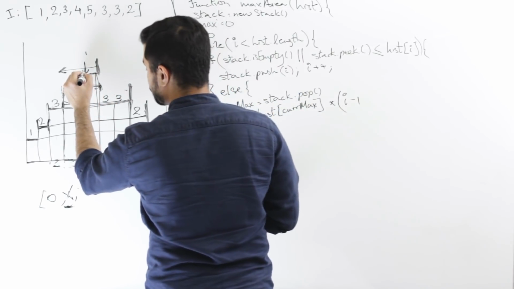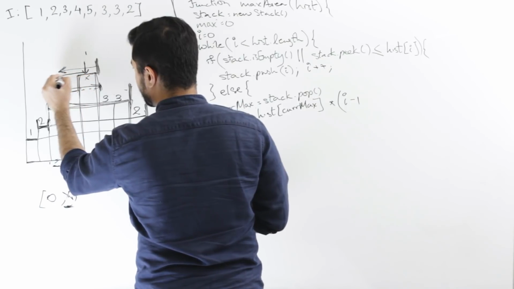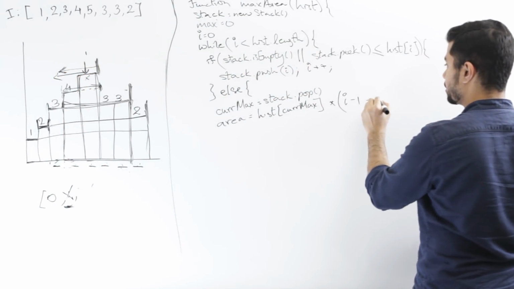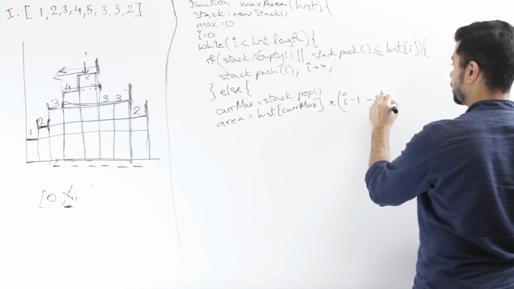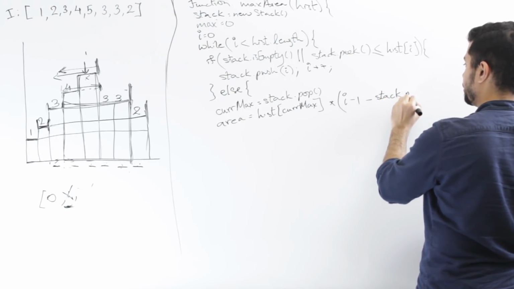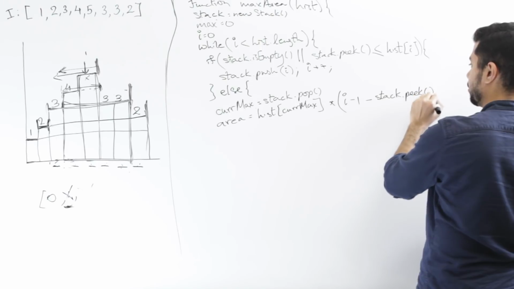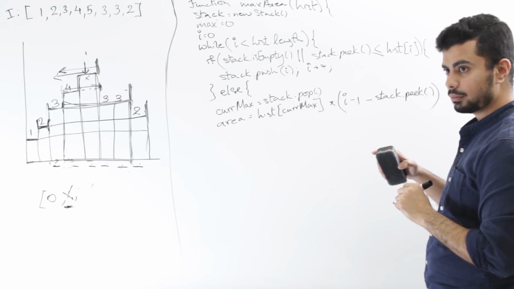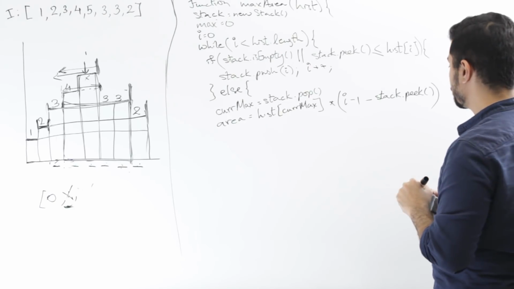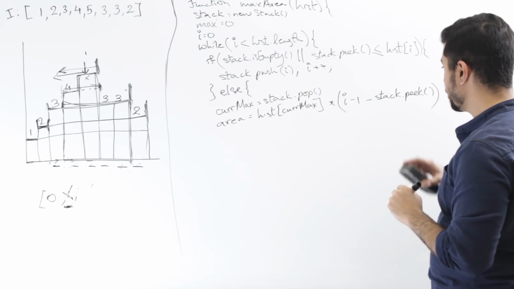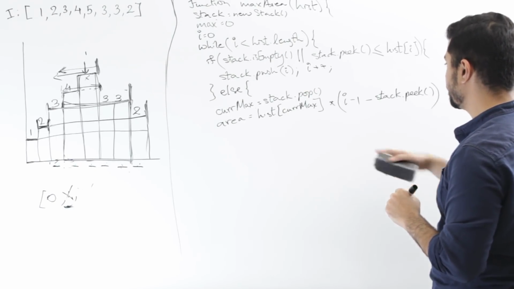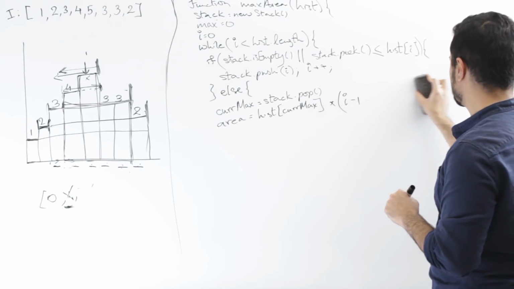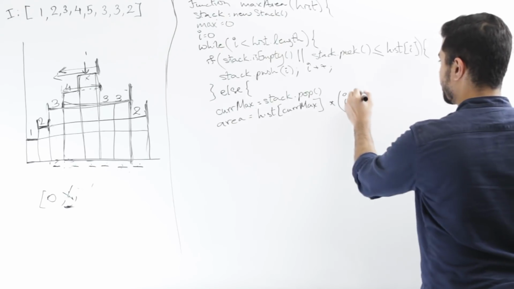And then I would want to go all the way to my previous number in the stack, right? So I would say minus stack dot peek, right? What if there are no elements in the stack? Then I would just not have this one, right? I would just have I minus 1.